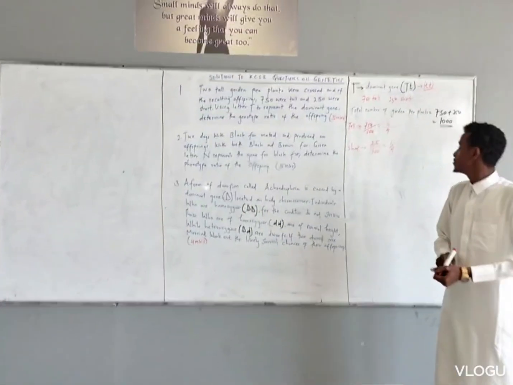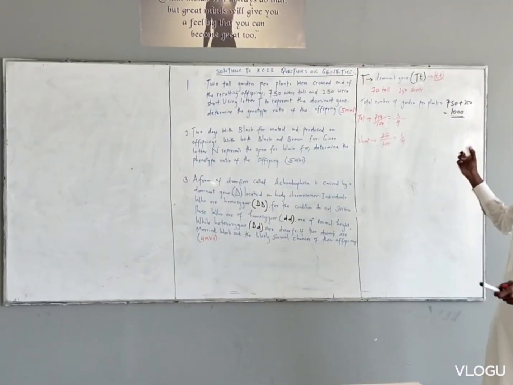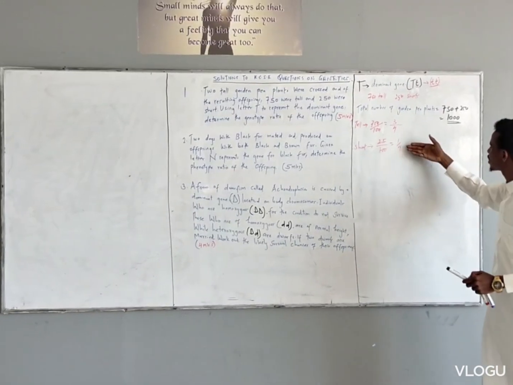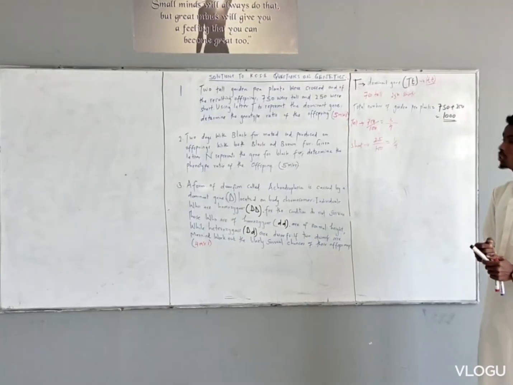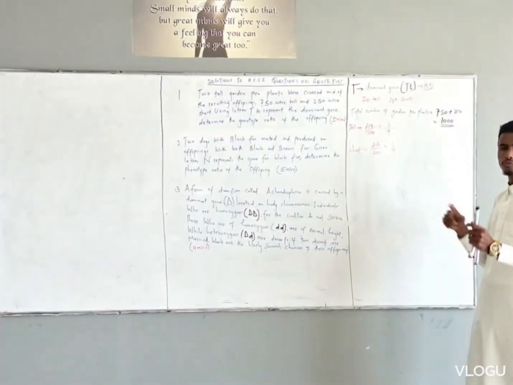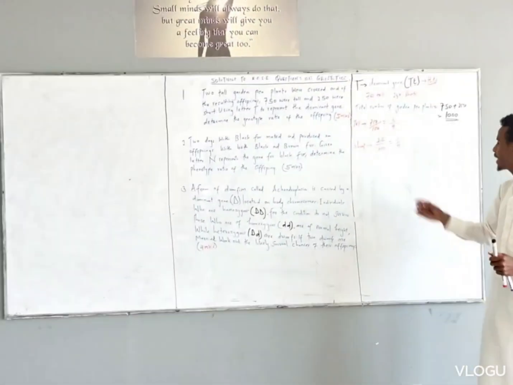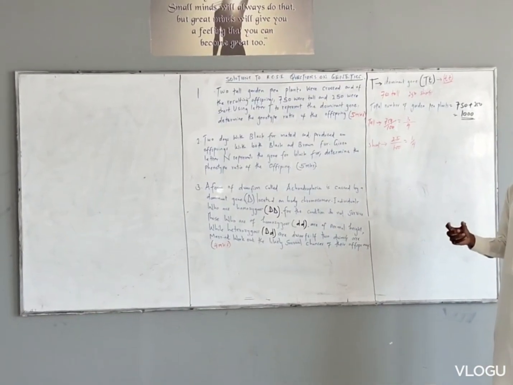Now, class, we can tell the genotype ratio based on the fractions we have. We have 3 over 4 of the total garden plants as tall, and a quarter of them as short.